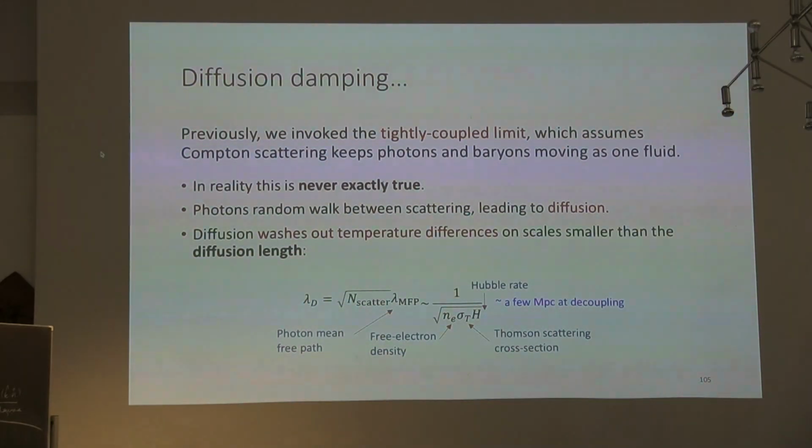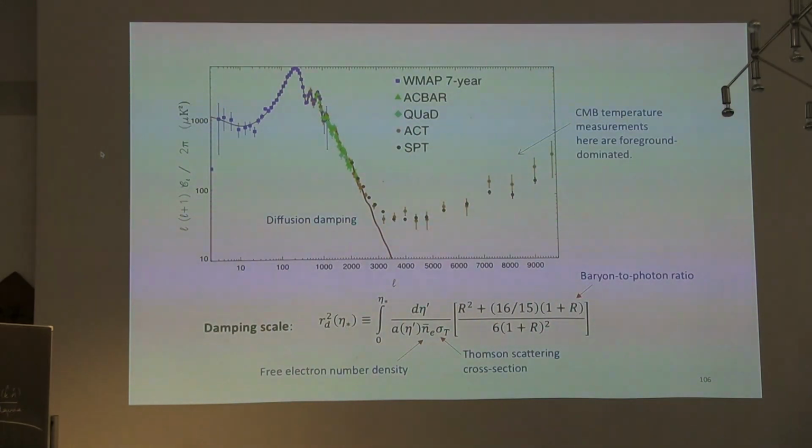If you plug in all the quantities that are relevant for cosmology, effectively this lambda d is just 1 divided by the square root of the number of free electrons that we have. The Thomson scattering cross-section again enters because it's Compton scattering that is responsible for this diffusion. And H here is the Hubble rate. If you plug in numbers, then it turns out that the diffusion length is of order a few megaparsec at the time of photon decoupling. And that's what leads to the decrease in power in the CMB power spectrum once you go to, say, l of 500 or so.